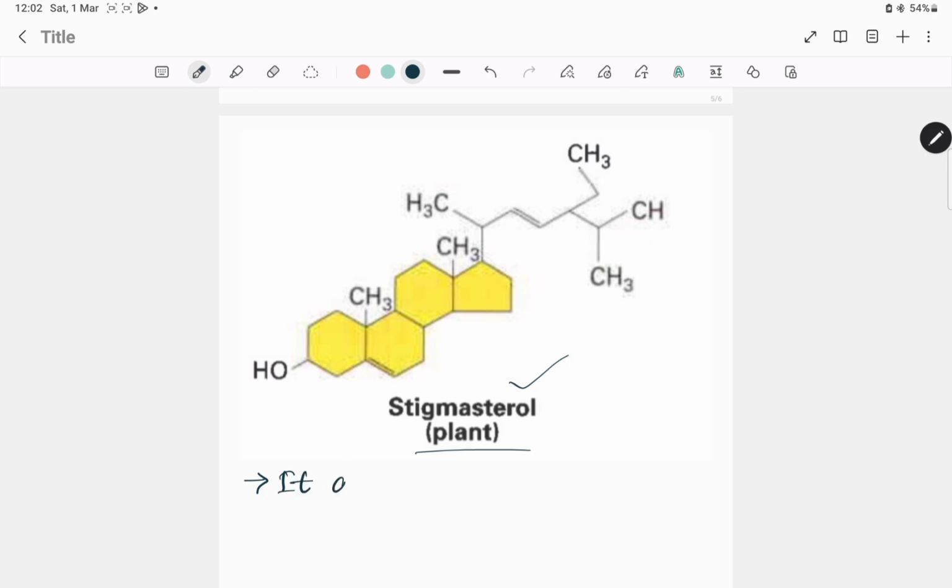It acts as a key component of cellular membrane.